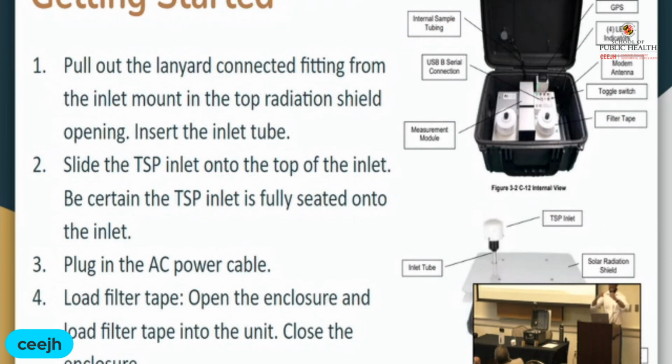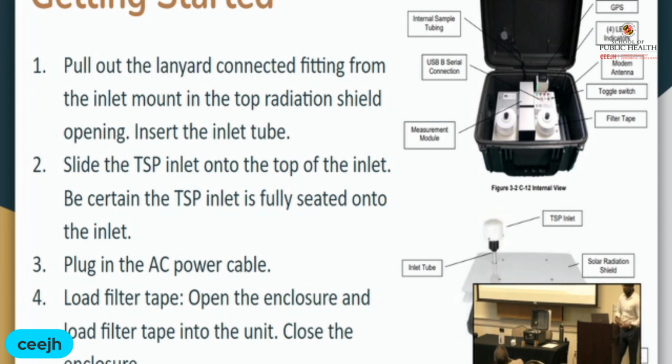You have two tape sides. You insert a filter tape onto the left, and then that tape will slowly move over to the right. And as it moves from left to right, black carbon will deposit onto the tape. There's built-in cellular service to upload this data directly to a link, and the user will get a customizable link with their data. So these are just some instructions on what to do.